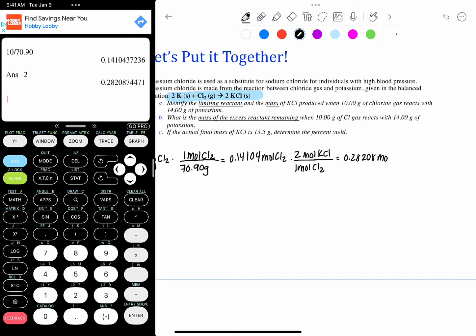And that's moles of KCl, which I'm going to convert to grams. 1 mole of KCl is 74.54 grams. So we get out 21, here I'll put it in a different color, we'll do pink.